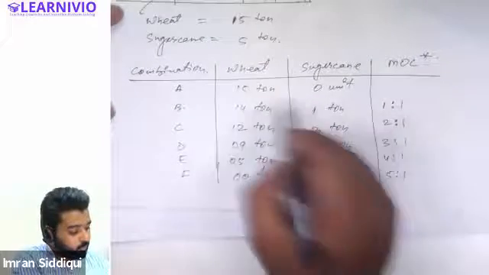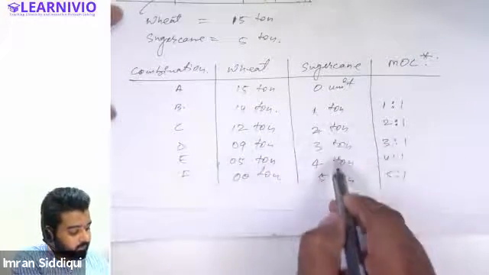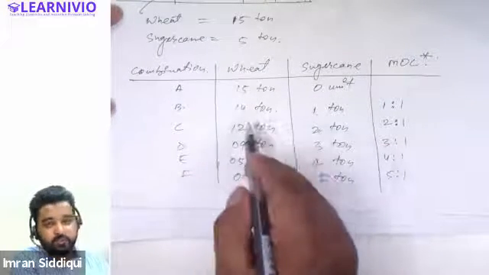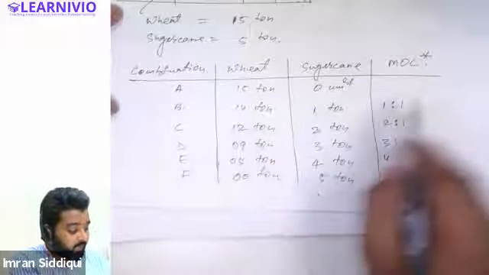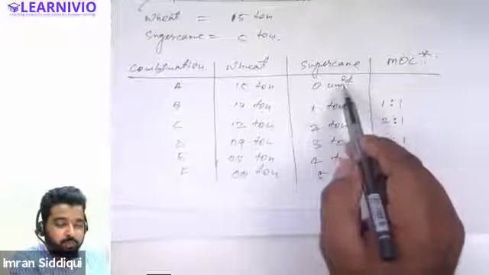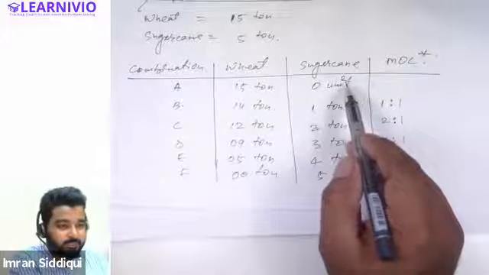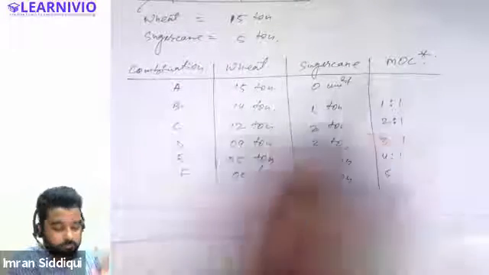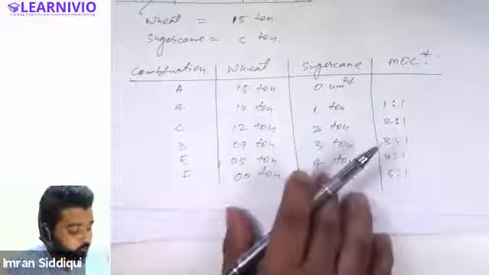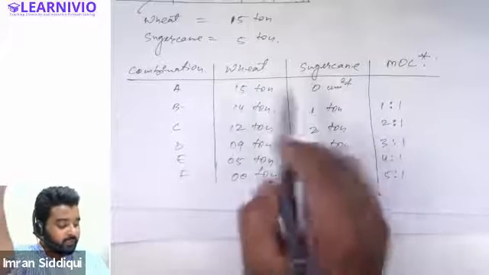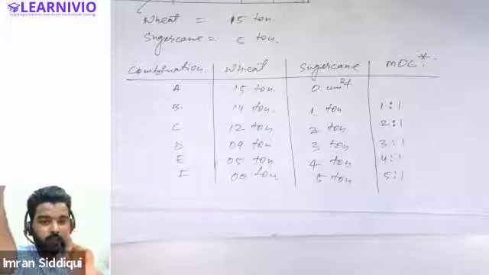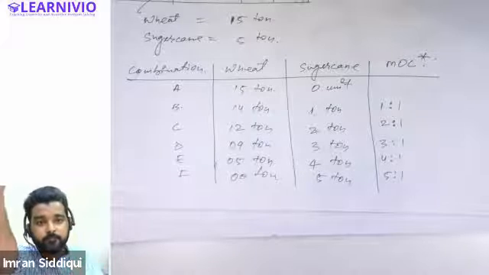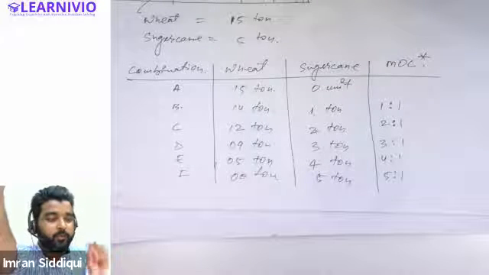Every time he wants to increase the production of sugarcane, he will have to sacrifice more units of commodity Y. The quantity that a producer needs to sacrifice in order to increase the production of the other commodity by 1 unit is known as marginal opportunity cost. You're getting my point?